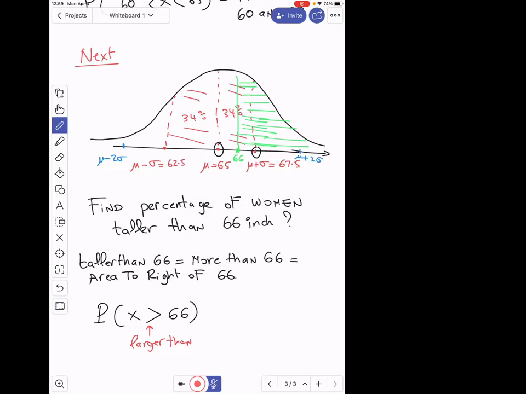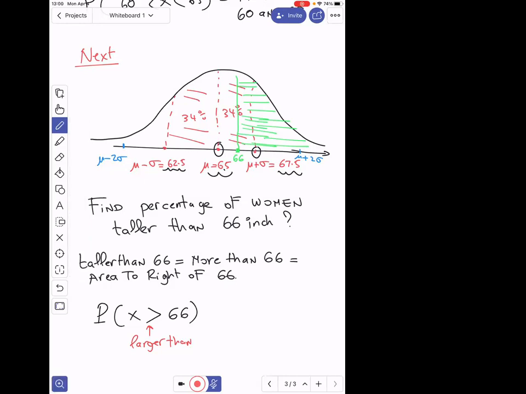Or, for example, I know the area to the right of 65, etc. I have information about 67.5 because that's my mean plus sigma, and about 62.5 because that's my mean minus sigma. But there is nothing about the 66. So we are in a bit of trouble here. How can we find the area to the right of the 66? Here we have a problem.